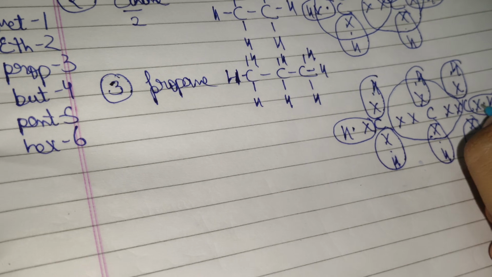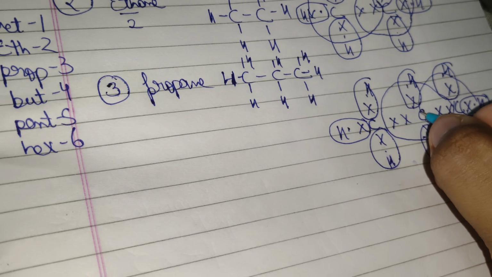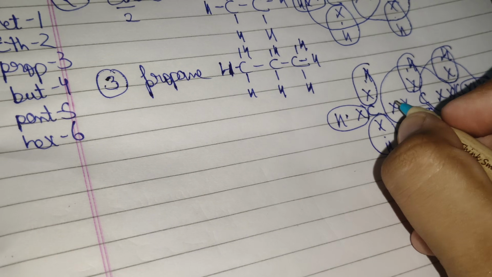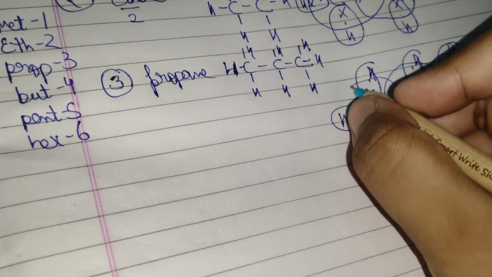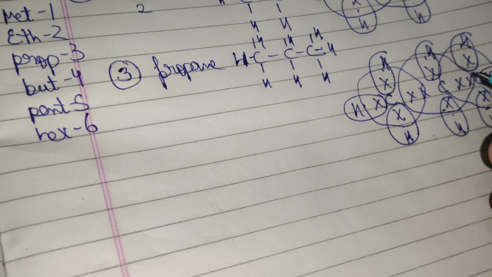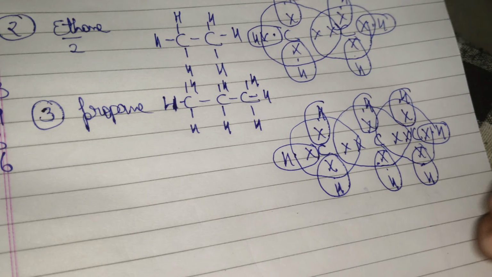Here is the dot itself, and then we form another, this is the second carbon orbital, and then the third. So this is the Lewis dot structure of propane.